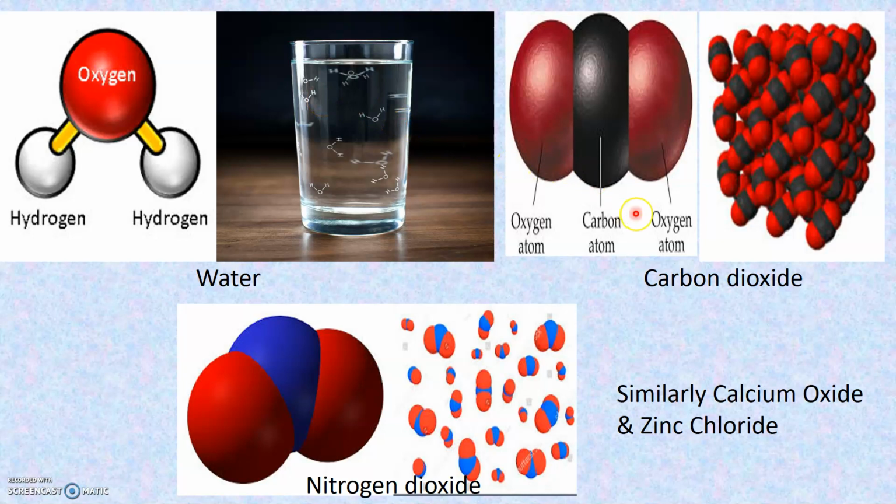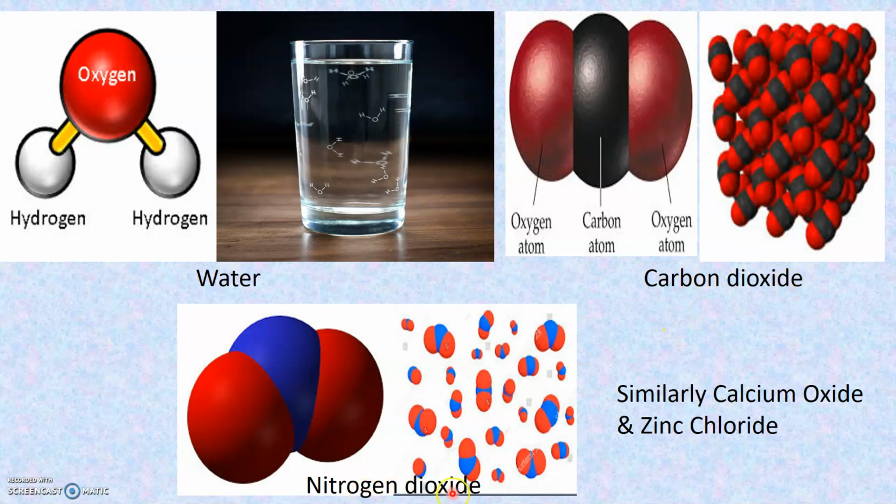Same is the case of the carbon dioxide compound, wherein one atom of the element carbon will combine with two atoms of the element oxygen in order to form a carbon dioxide molecule. And a combination of these carbon dioxide molecules will result in the formation of the compound carbon dioxide.